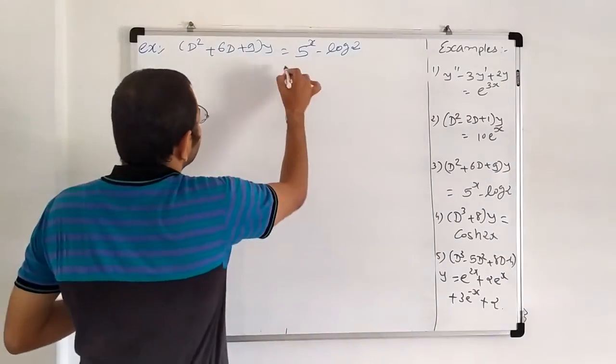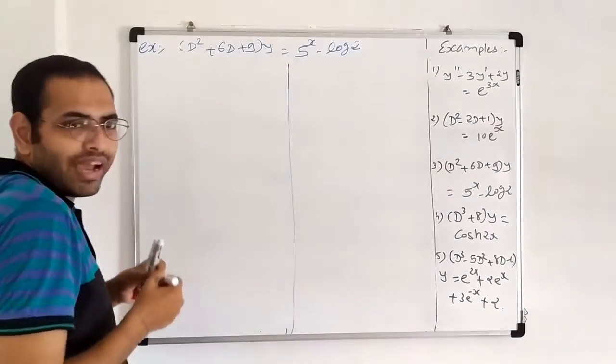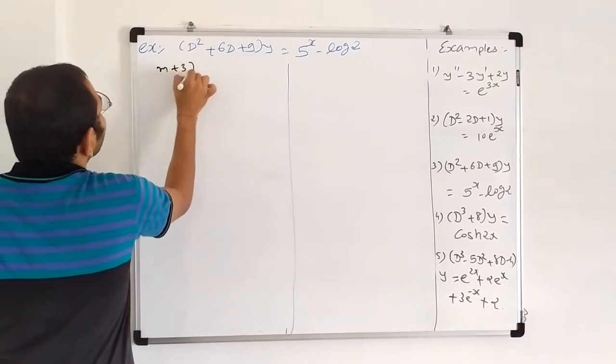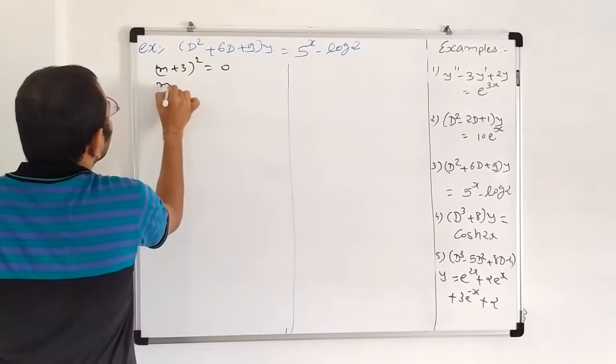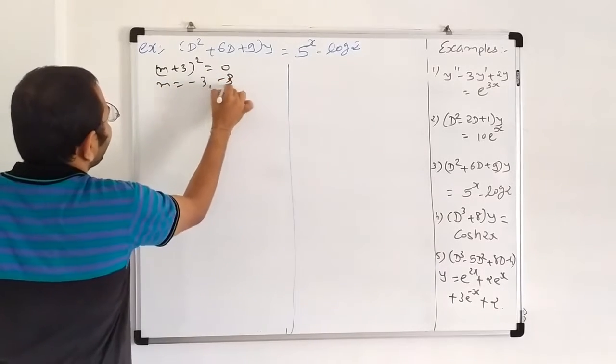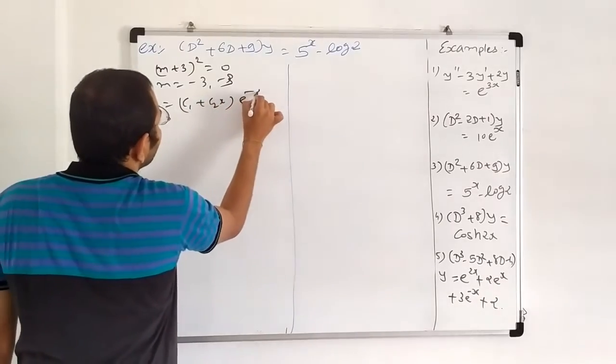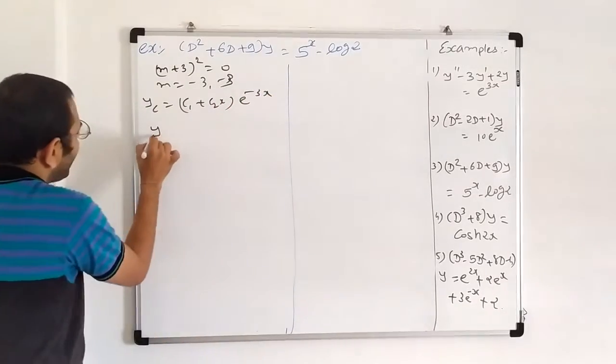Now in this example we find yp. Here (m plus 3) whole square equal to 0, m equal to minus 3, then yc is equal to (C1 plus C2x) e raised to minus 3x.